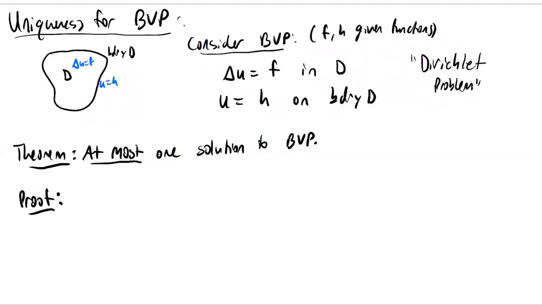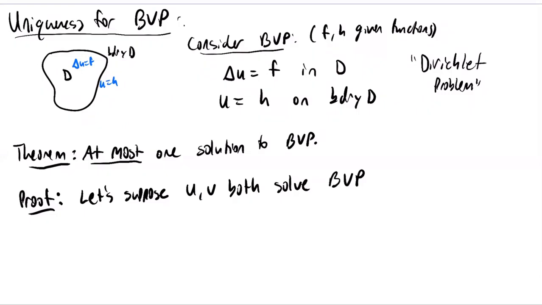So in particular, let's suppose that we have two solutions, say u and v, that both solve the boundary value problem. As we've done a million times by now, we're going to define the difference of these two functions, w equals u minus v. Since Laplace's equation, or in this case the non-homogeneous version of it, which is the Poisson equation, has a linear operator on the left, we can calculate the Laplacian of w.